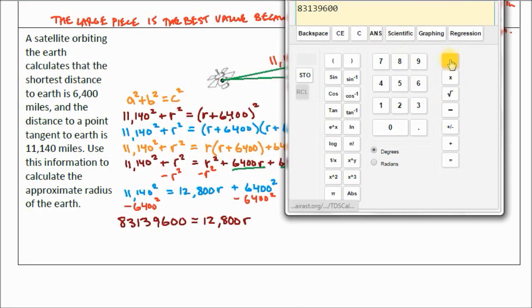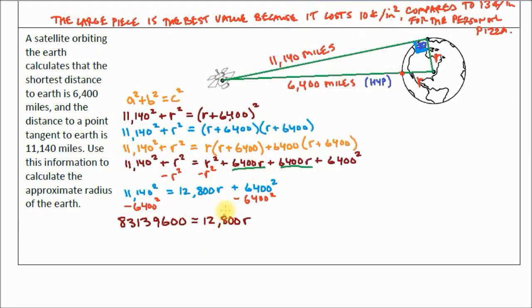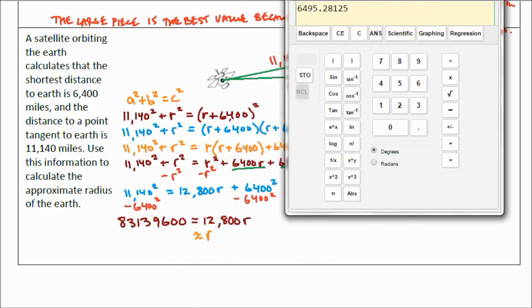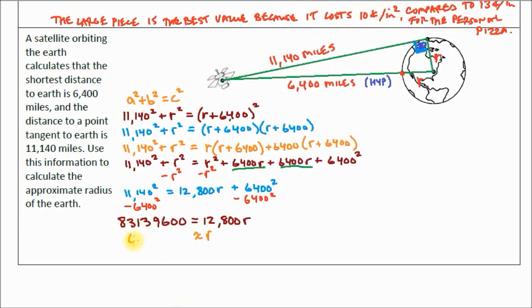Then we're going to go ahead and divide that by 12,800, and we get 6495.2 or 6495.3. So r, let's see if we can write this in. r is approximately, let's bring that up one more time, 6495.3.